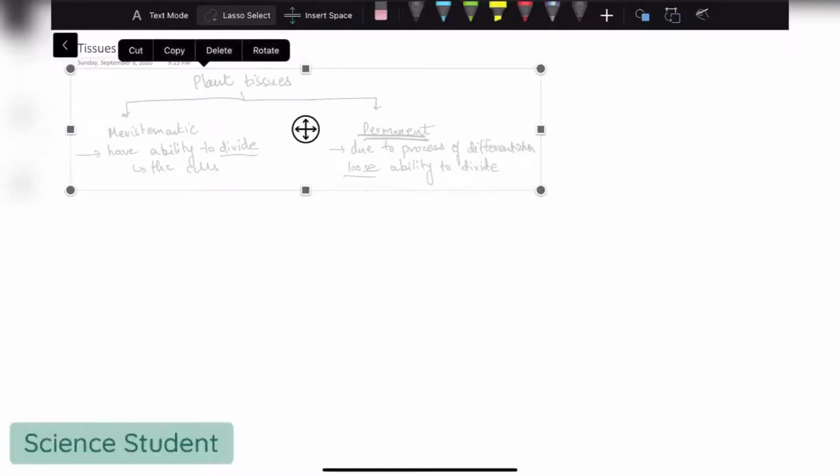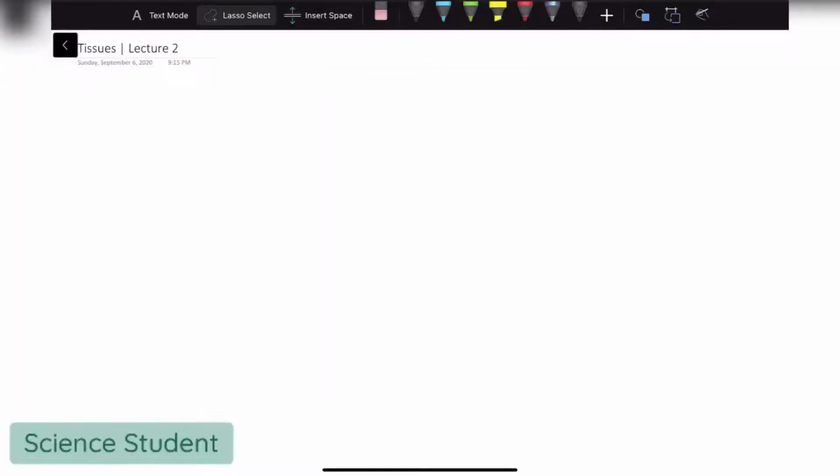So we are going to learn about meristematic tissues. Okay, so as we learned that meristematic tissues have the ability to divide, on the basis of that, we are going to learn about cells now.